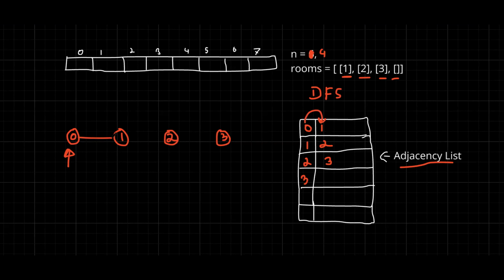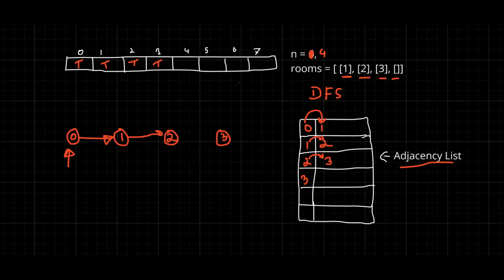So from room 0, we can go to room number 1. But before that, when we visit room 0, we have to mark room 0 visited and room number 1 visited. Now, from room 1, we can go to room 2, so we mark room 2 visited. From room 2, we can go to room 3, so we mark room 3 as visited.